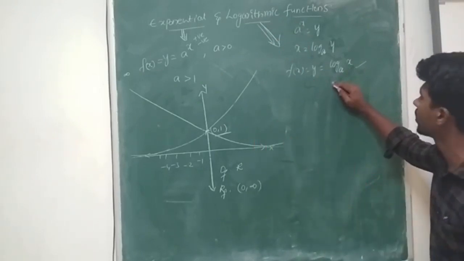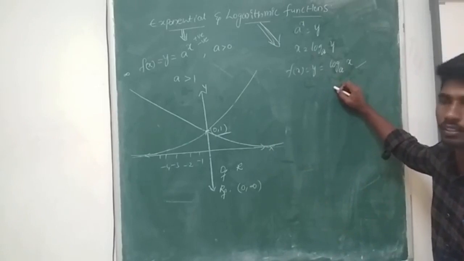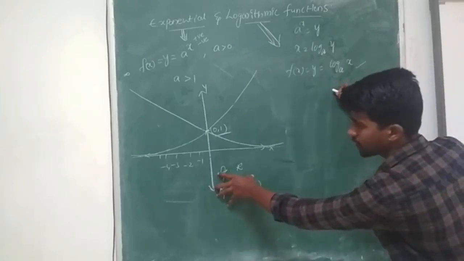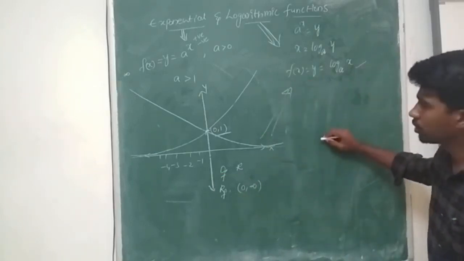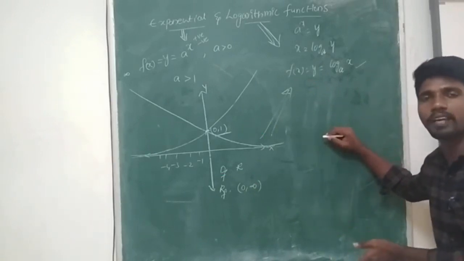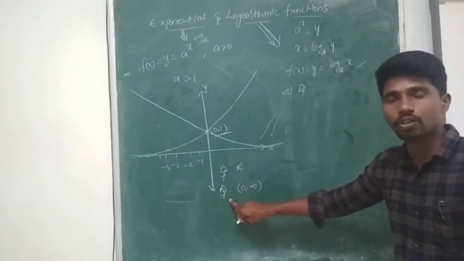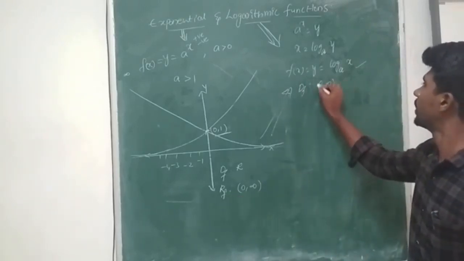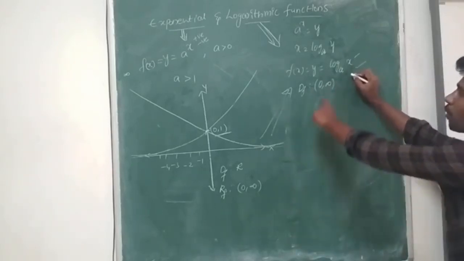Now in these general logarithmic functions, what is its domain as well as what is its range? I have taken this particular thing as a function and I defined its inverse. So if I define its inverse, its domain becomes the range of a power x. So the domain is nothing but 0 to infinity. So logarithmic function is always defined for positive numbers.